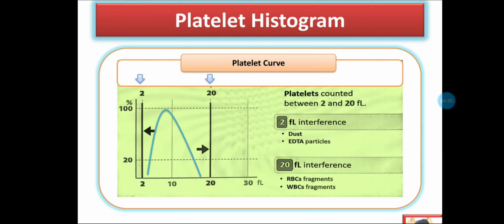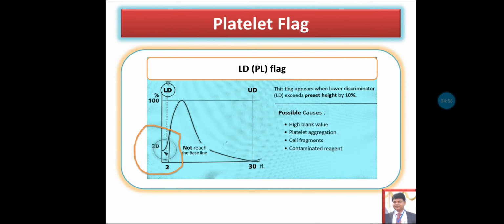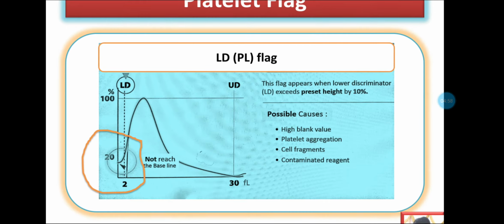The 2 femtoliter interference may be due to the presence of dust particles or EDTA particles, while the 20 femtoliter interference is due to RBC fragments, WBC fragments, giant platelets, and micro clump formation. Those all lead to interference at 20 femtoliters.